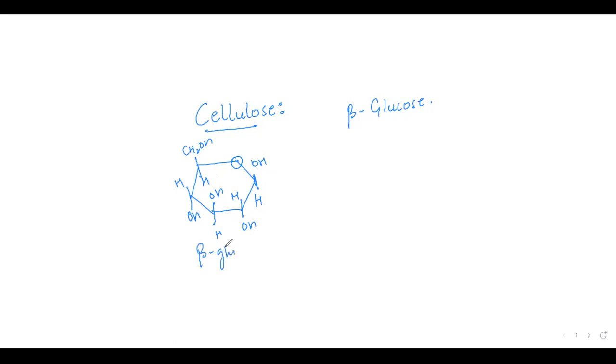Now, the repetitive units of beta glucose will join together in an inverted manner. Here we have carbon 1, carbon number 2, carbon number 3, carbon number 4, carbon number 5, and carbon number 6. In an alternate, inverted way, this will look something like this.